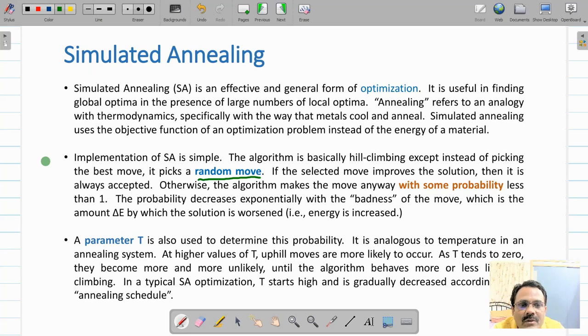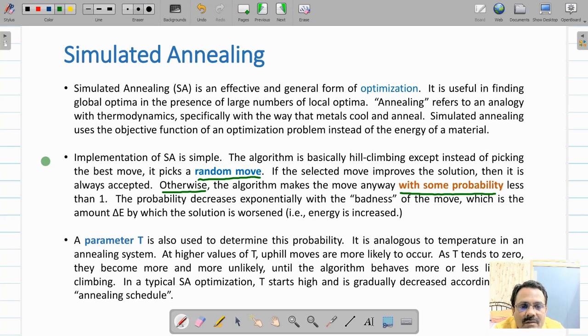If the selected move improves the solution, then it is always accepted. Otherwise, the algorithm makes a move anyway with some probability, and that probability is less than 1. The probability decreases exponentially with the badness of the move.